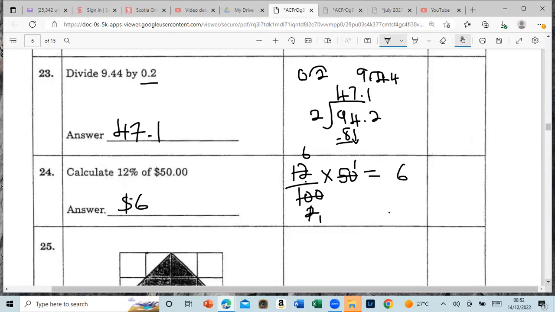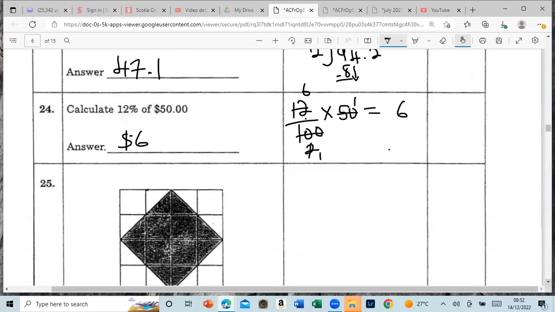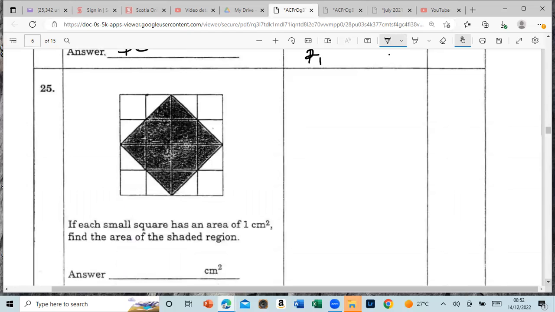Right, what about number 25? It says if each small square has an area of 1 square centimeter, find the area of the shaded region. This can be a little bit tricky, but it's very easy also. So what's the answer, guys? Let's go.